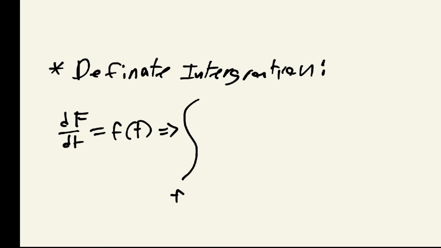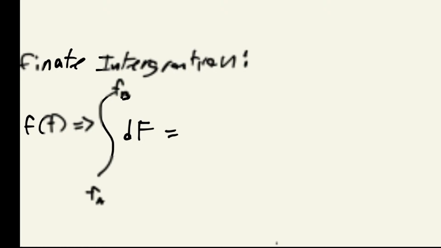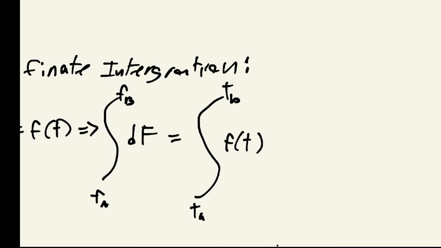from F sub a, so the first F, to F sub b of dF equals the integral from t sub a to t sub b, so time a, time b, of f of t dt.